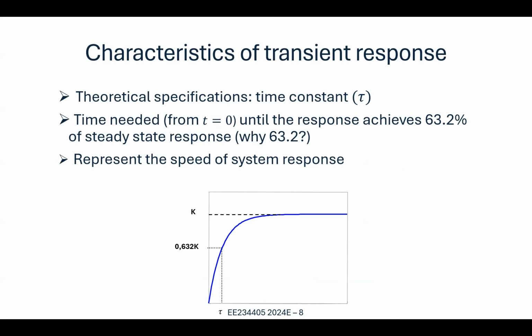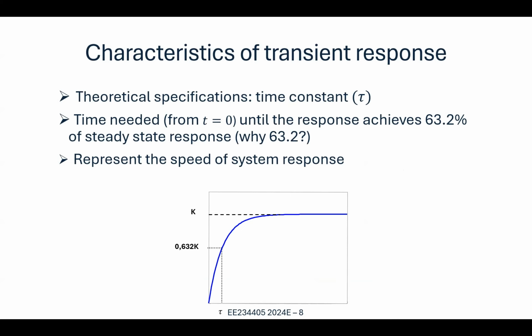The first one is the time constant, right? Which is the time needed from 0 until the response achieves 63.2% of the steady state one. Why 63.2?